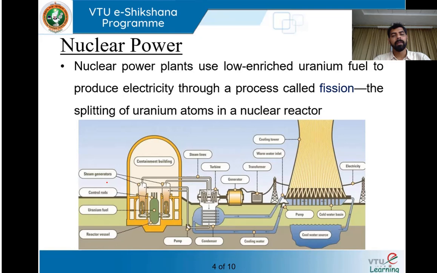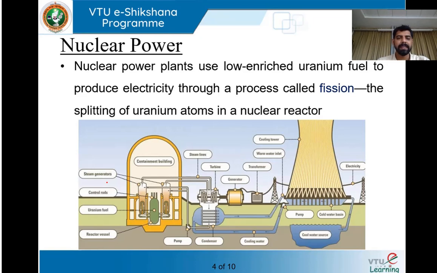The water gets converted into steam, and that steam is taken to the steam turbine, thereby running the turbine, which delivers mechanical energy. That mechanical energy is coupled with a generator to generate electrical energy. So this is the schematic diagram of how a typical nuclear power plant looks.